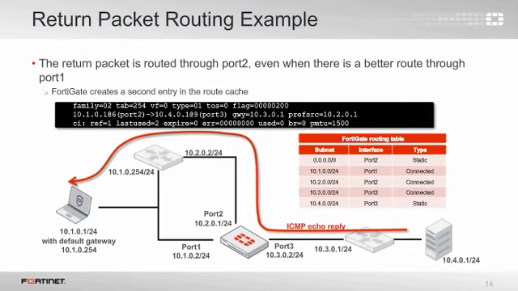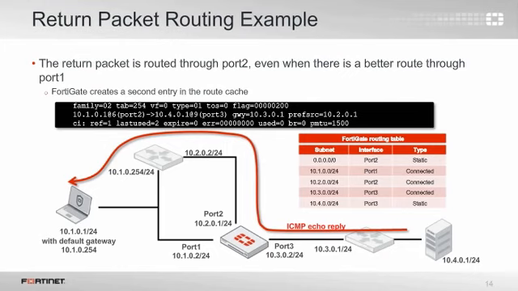The FortiGate routing table shows port 1 as the best route to 10.1.0.1, which is locally connected, but it still uses port 2. The objective is to keep the traffic flow symmetric.